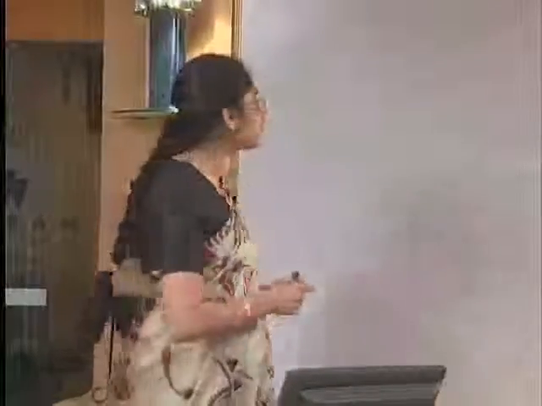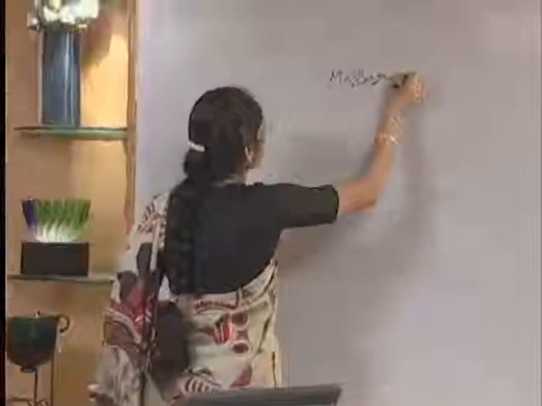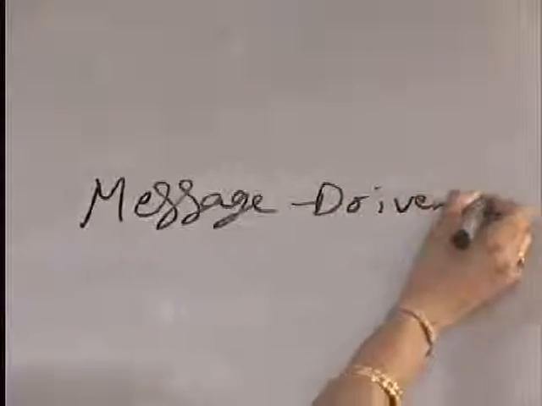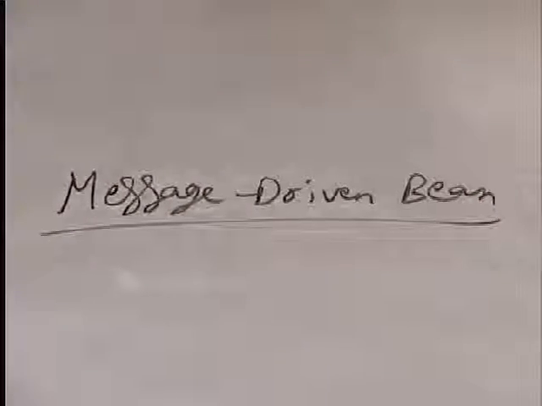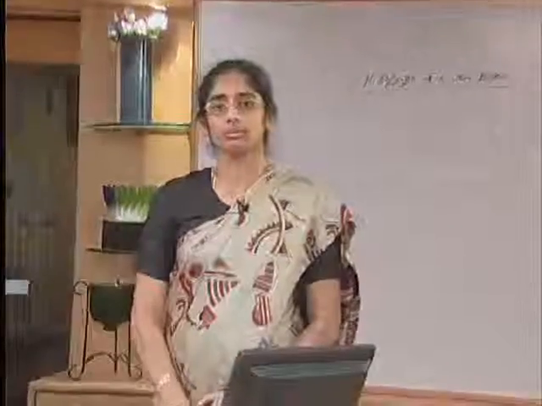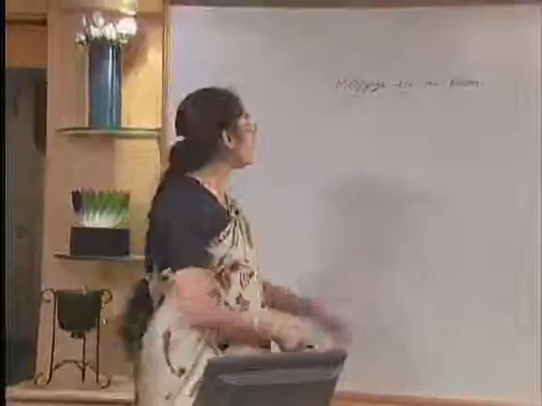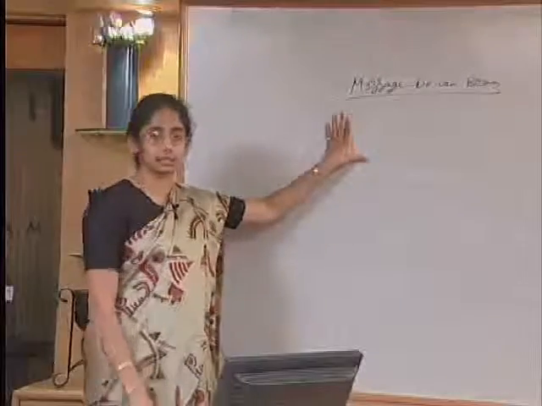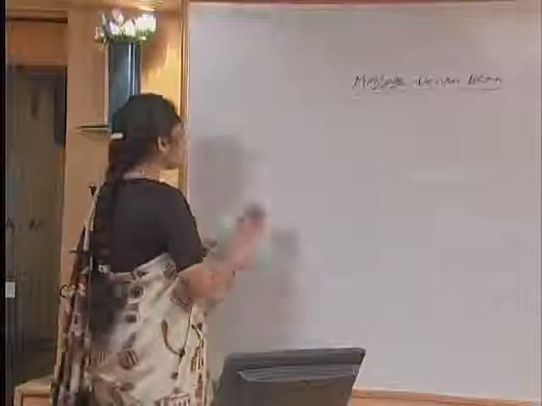Now, let us look at message driven bean. Message driven bean, we said, was introduced in EJB 2.0. It is nothing but the concept of JMS, that is, asynchronously receiving messages. Let us go back to JMS.